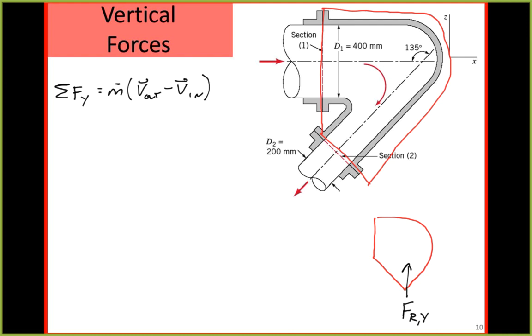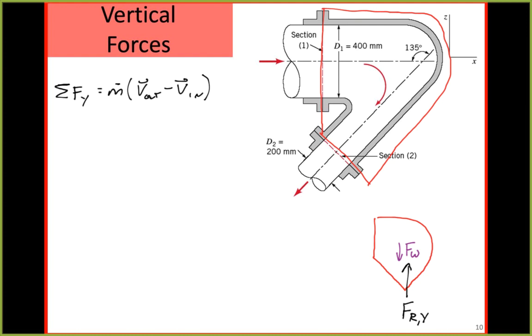Okay. Y-directed forces that we need to think about. What other forces do we have? Ross calls dibs on gravity. Yep. So there is, I'm going to draw FW, weight, meaning.